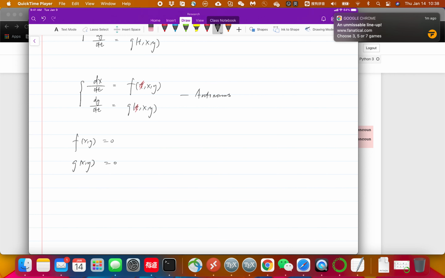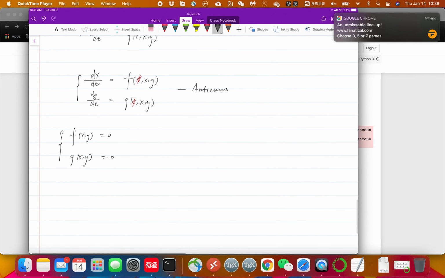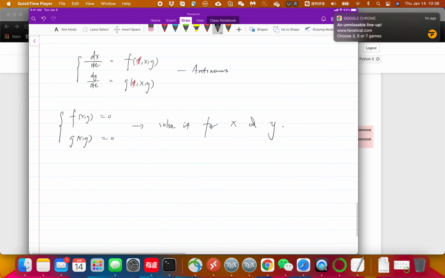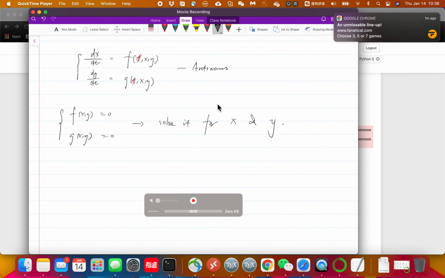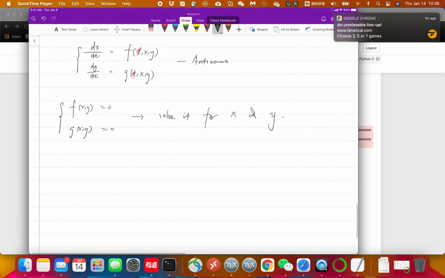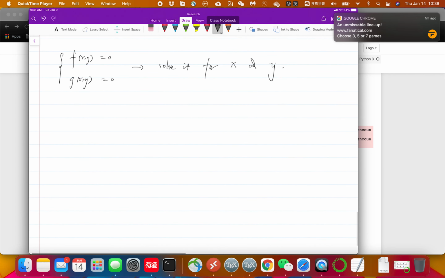Each one corresponding to one derivative. Put them together, solve for x and y. After that, you have 2 equations and 2 unknowns. It's very easy to solve and try to find where the whole thing stopped changing. All right, so that will be where we have the equilibriums.